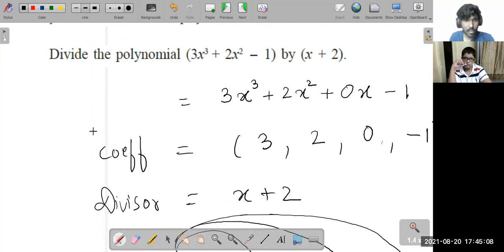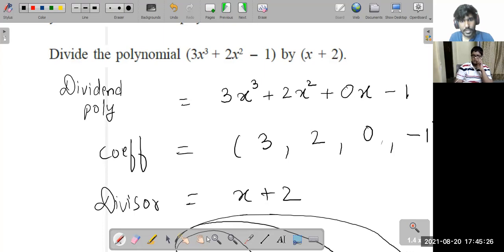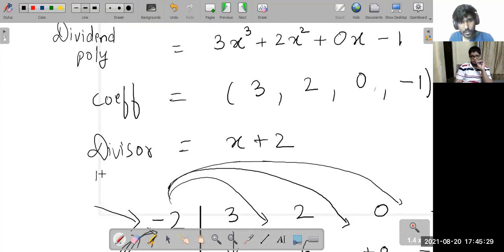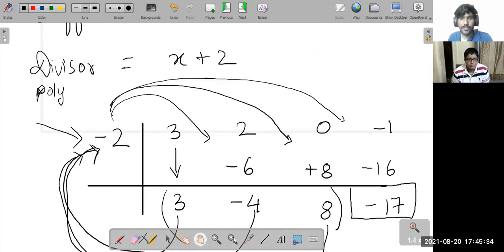I'll write it in full: dividend polynomial. And this is the divisor polynomial. Always keep in mind, if here it is minus 2, then here you would write plus 2. If here it is plus, then here minus. Clear?